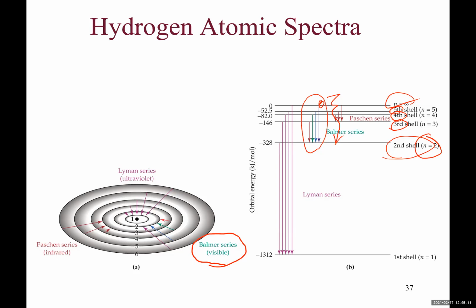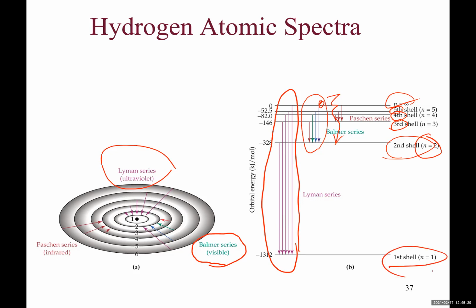And if you use an ultraviolet detector, you can see there are ultraviolet emissions, and they are all because electrons are dropping from higher energy states to the 1st shell. And then you also see infrared lines, which are called Paschen. The Paschen series is all the higher energy electrons dropping to the 3rd energy level.